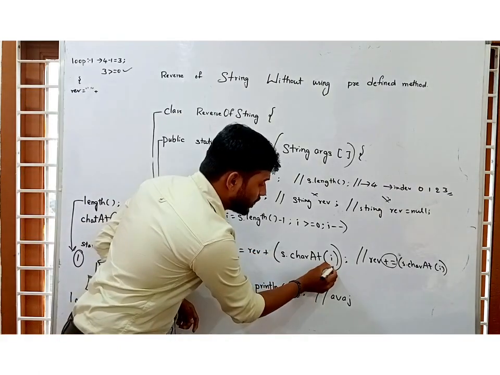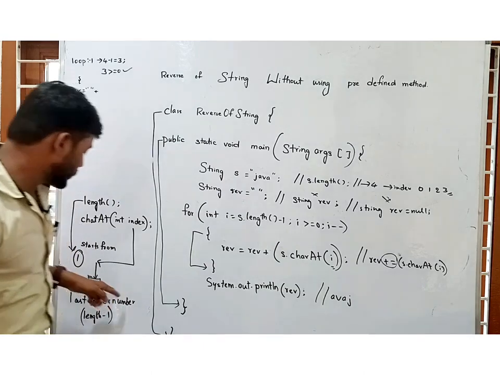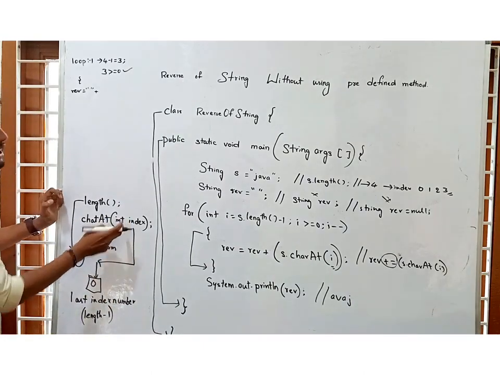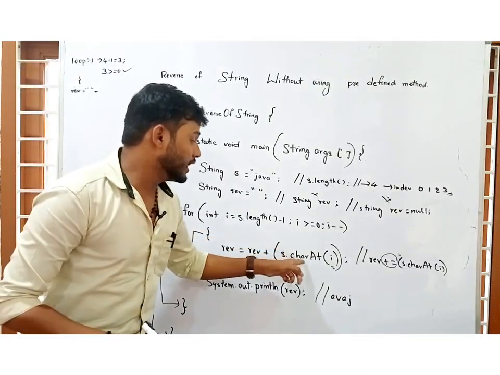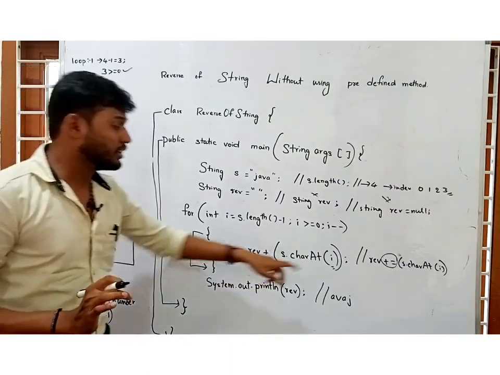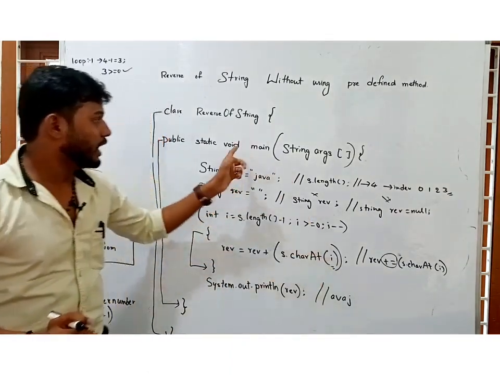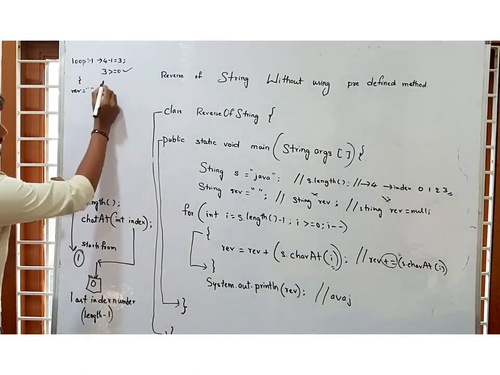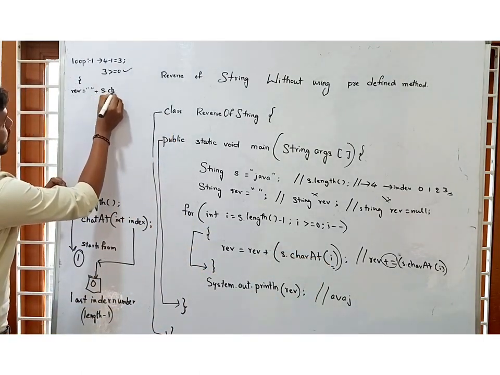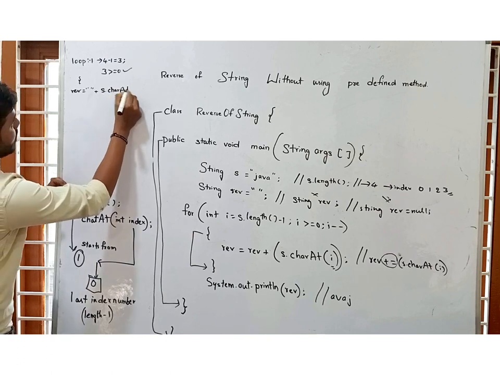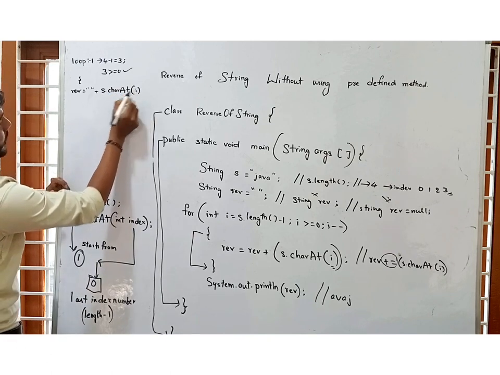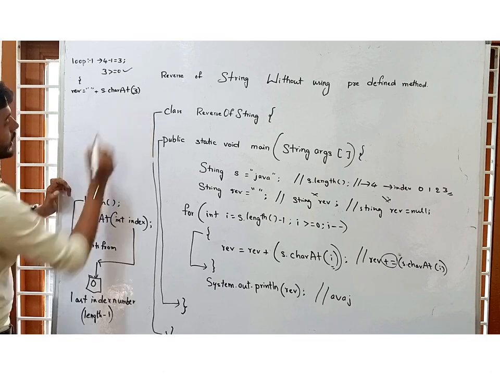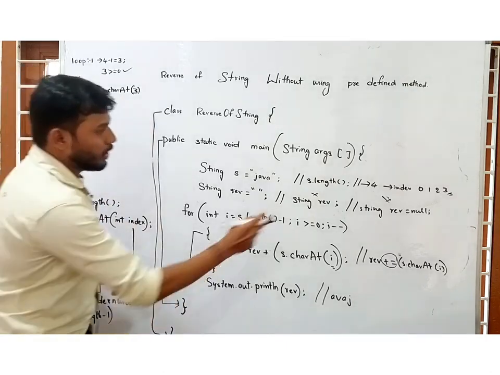Here I already told that I was getting the index number. Now the charAt method works using this index value and gets the character. Now let us see. S dot charAt I. What is that I value? I value is 3.